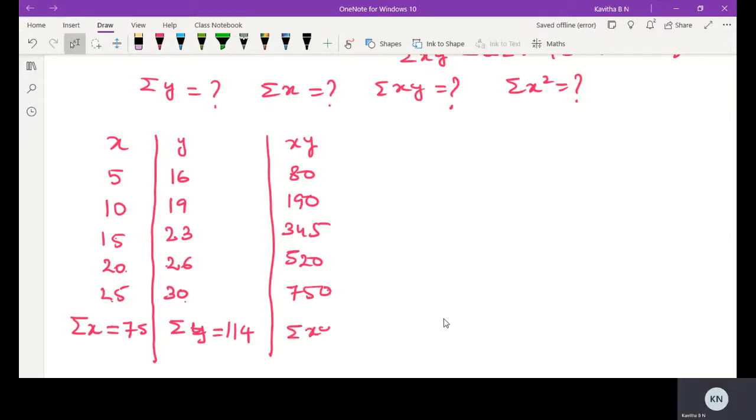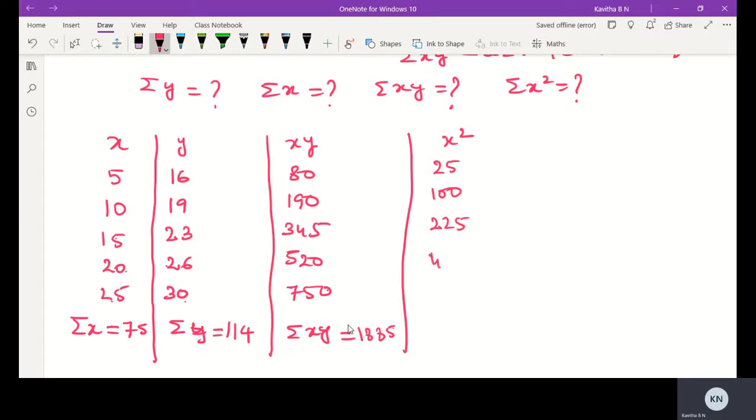Then summation of xy. Use the calculator, add it and tell me the answer. 80 plus 190 plus 345 plus 520 plus 750 is 1885. Summation of x square: 5 square is 25, 10 square is 100, 15 square is 225, 20 square is 400, 25 square is 625.